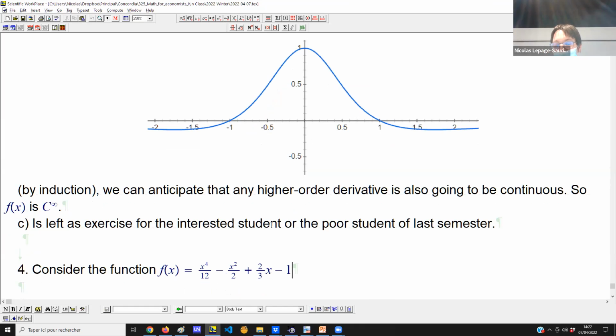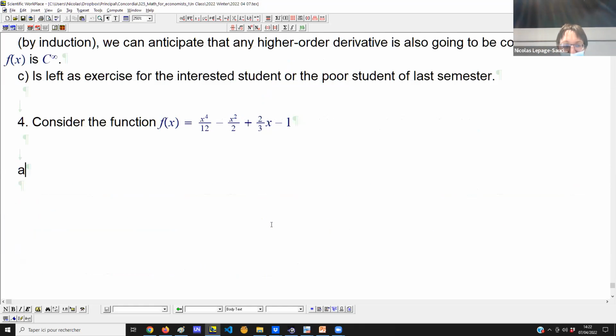So there is a very, very, very big chance that something like this comes up at the final. So sorry for giving you nightmares if you don't like it, but it's not that bad. So find all the critical values of f.